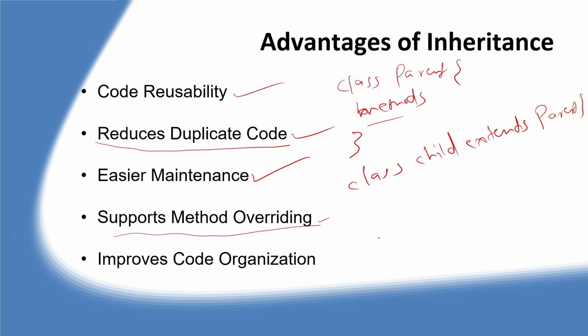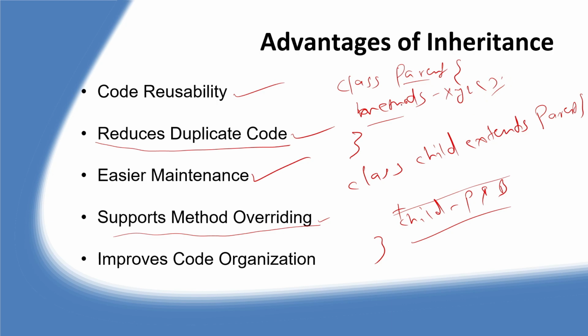And the child will have its own properties and behaviors additionally. And let's say we have one method xyz inside the parent class.